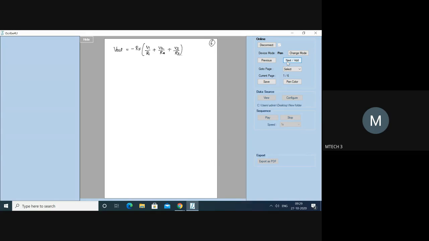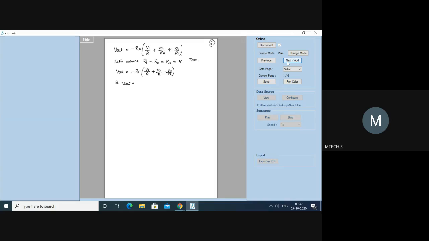Now let's assume R1 is equal to R2 is equal to R3 is equal to R. Then V out will be equal to minus RF times V1 by R plus V2 by R plus V3 by R. We'll take R outside.